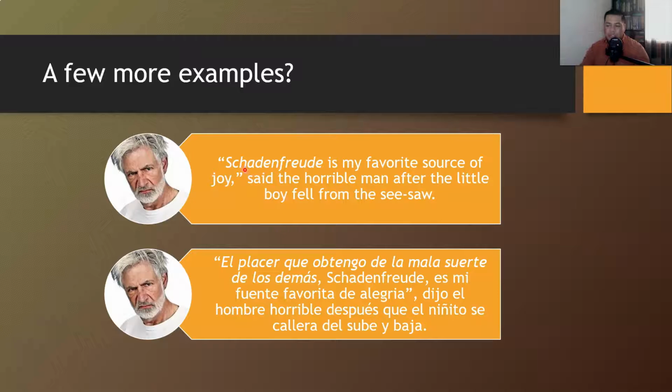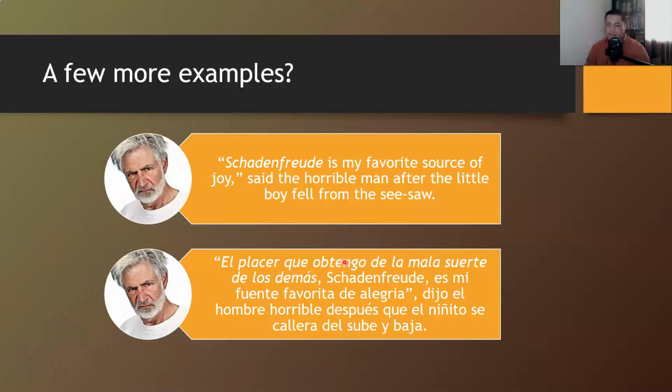I am going to use this term as an appositive in my translation. "El placer que obtengo de la mala suerte de los demás, Schadenfreude, es mi fuente favorita de alegría, dijo el hombre horrible después que el niñito se cayera del sube y baja."